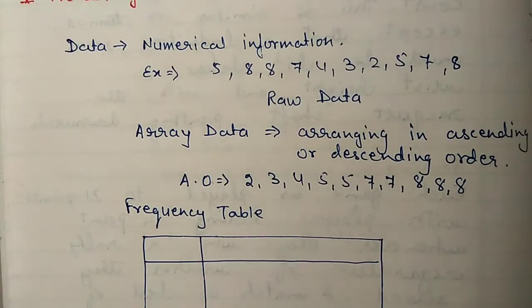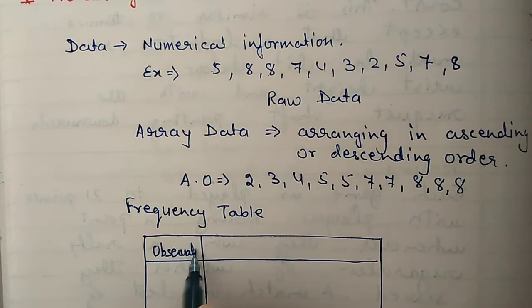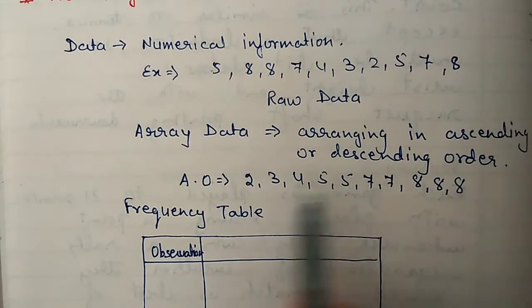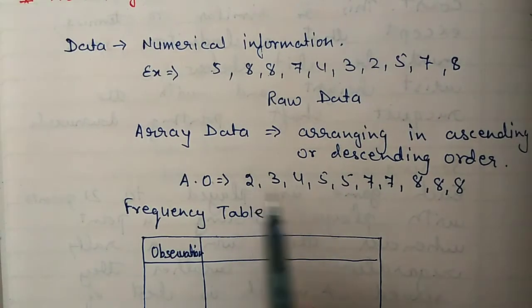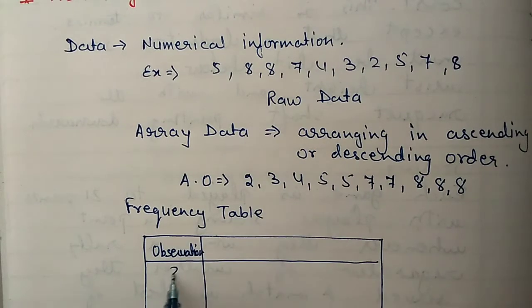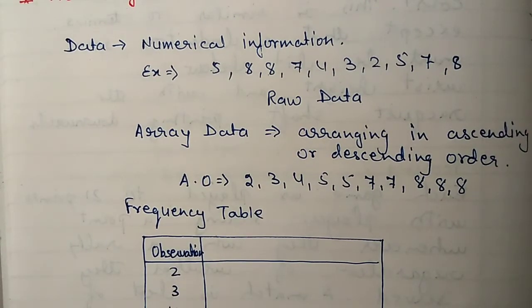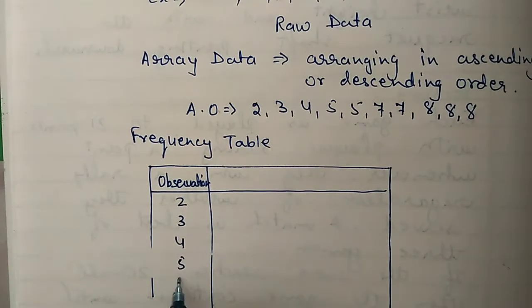In the first column we will write the observation. Observation means whatever information we have collected. Here I have collected 10 students' marks, so I have 10 observations. So here the numbers are 2, 3, 4, then 5, 7 and 8.